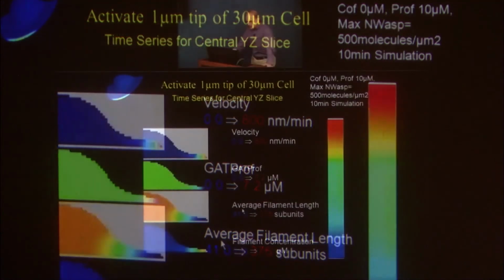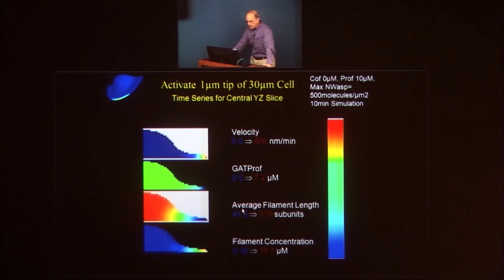These movies that are being played on the left here show a cross-section through this 3D geometry where we're looking at just a selection of several variables that come out of the model. The model does include advection or velocity, and so the first pane here shows you the velocity distribution.